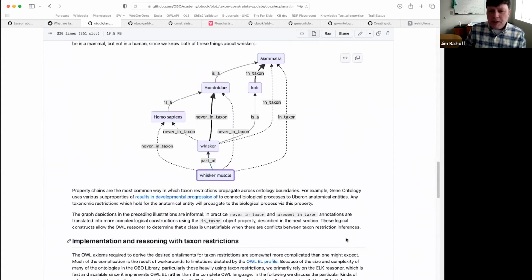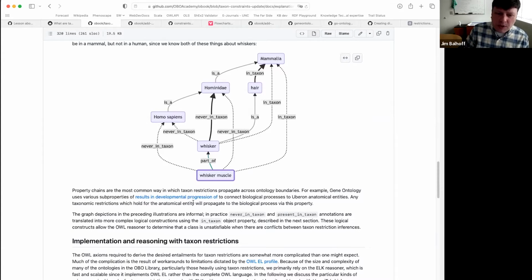And so property chains, I think, are really good to think about because they're the most common way in which taxon restrictions propagate across ontology boundaries. This happens a lot in Gene Ontology. It references a lot of Uberon terms for biological processes, like where they occur or what they produce.